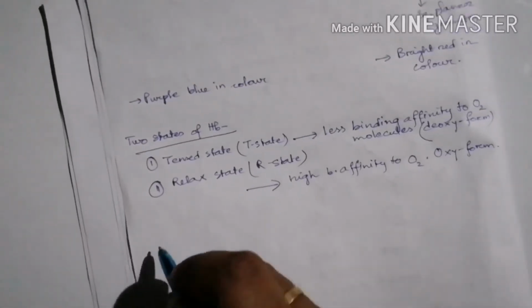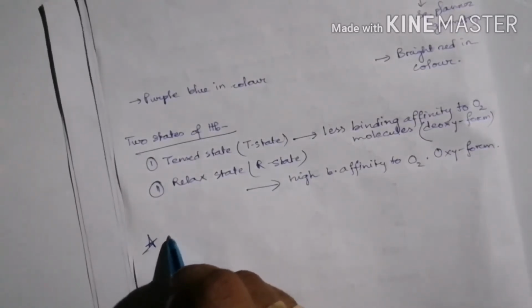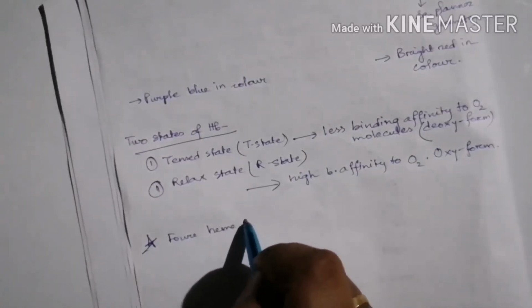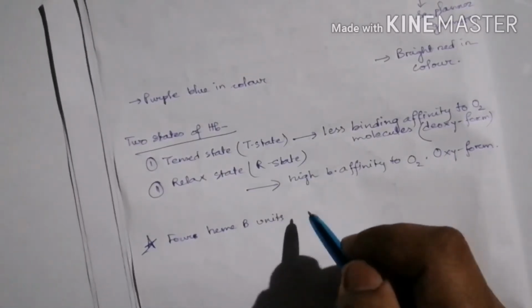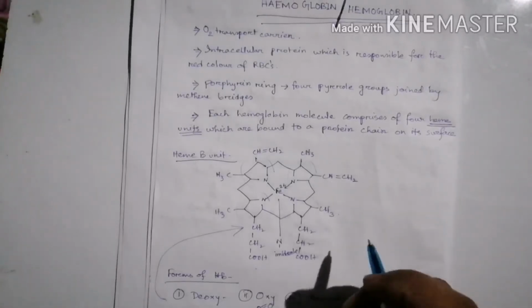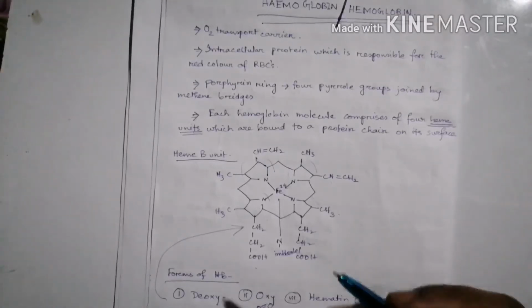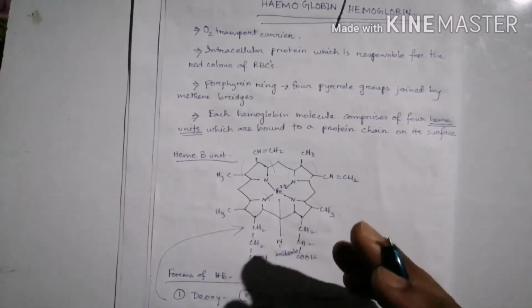Moreover, it is important to note that since in hemoglobin there are 4 heme B units, and as we have seen, in one heme B unit there are 2 carboxylic acid groups, in the presence of a base, this heme B unit will act as the source of 2 acidic protons.